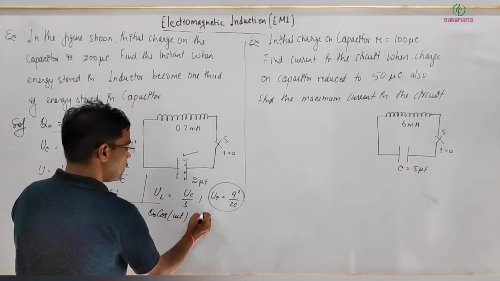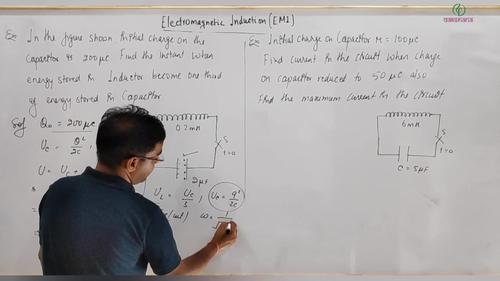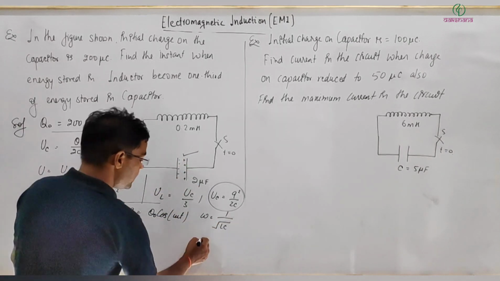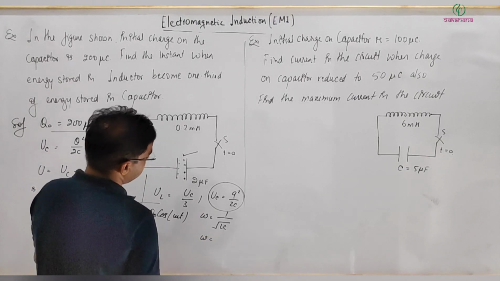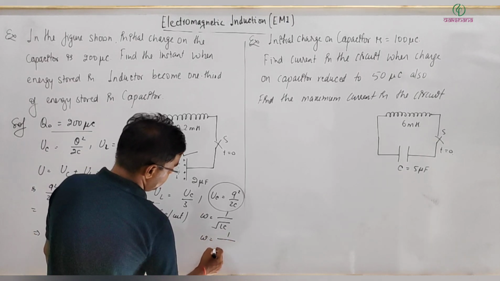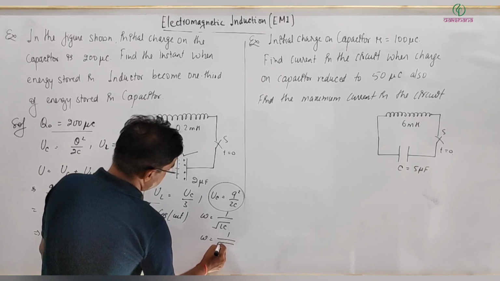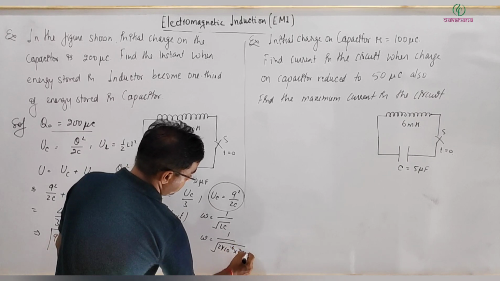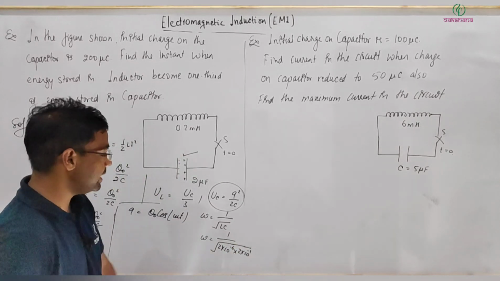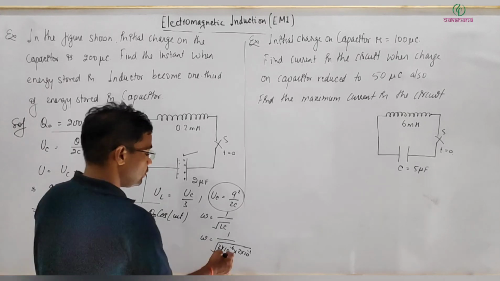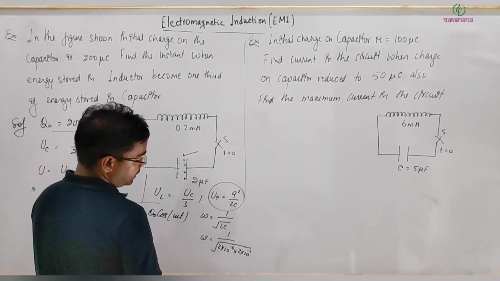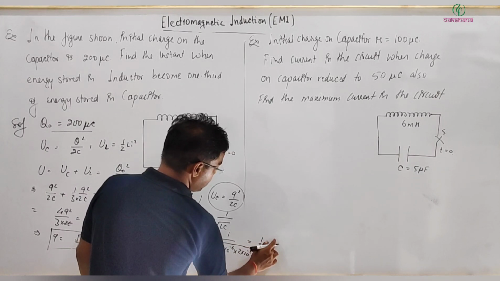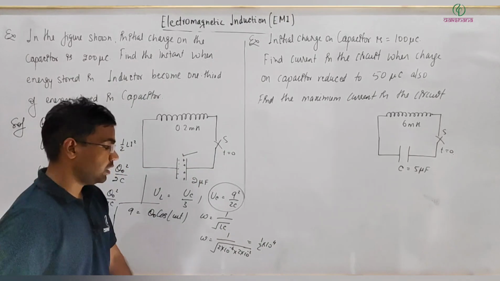And omega we know is 1 by under root LC, and with 2 microfarad and 0.2 henry, omega comes out to be 1 by under root of 2 into 10 raised to power minus 6 into 2 into 10 raised to power minus 2. So it will be 1 by 2 into 10 raised to power 4. That is your omega.